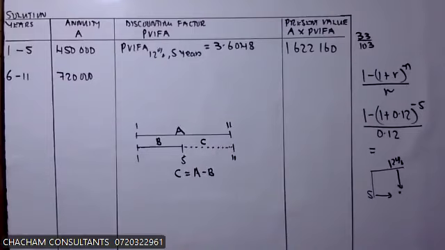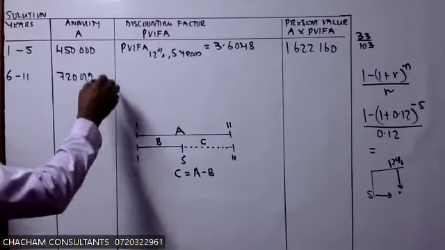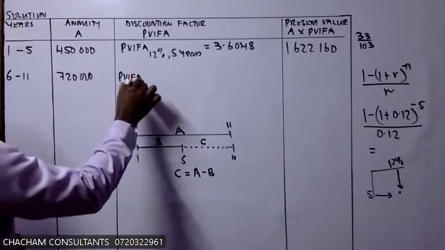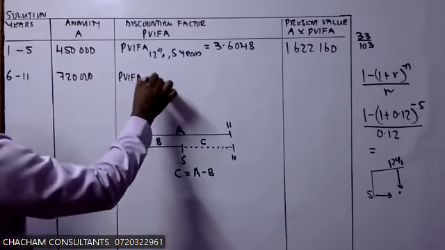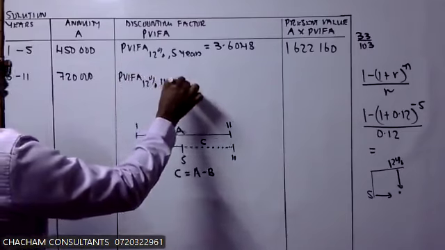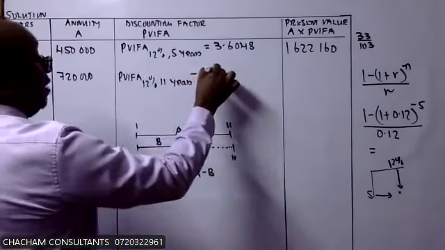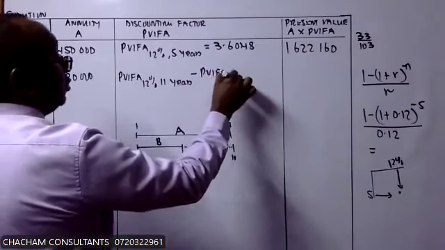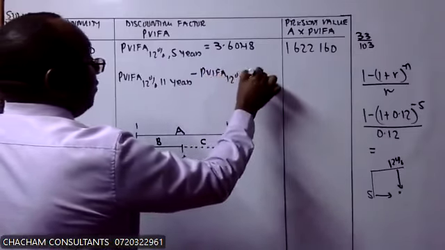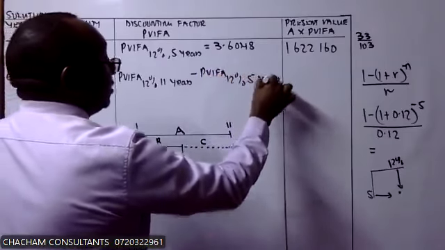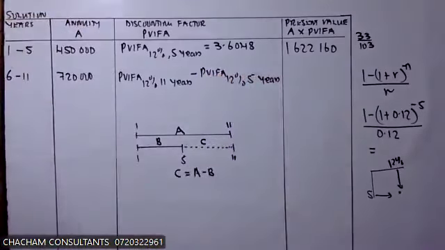So if we have understood that, then applying this, I will need to look for PVIFA at 12%, 11 years, minus PVIFA at 12%, 5 years. So read for me this of 11 years.